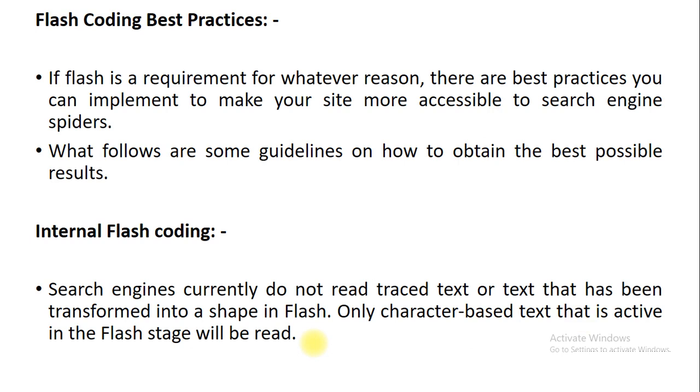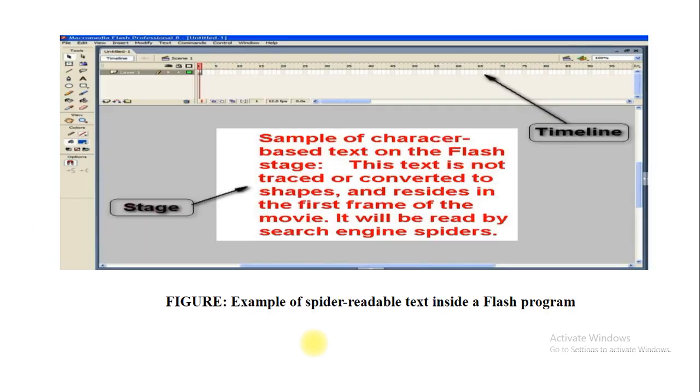If you have placed a shape, for example a rectangle, and you have put some text inside the rectangle shape, that content cannot be traced by the search engine or the crawler. Only character based text that is active on the Flash stage will be read by the crawler.